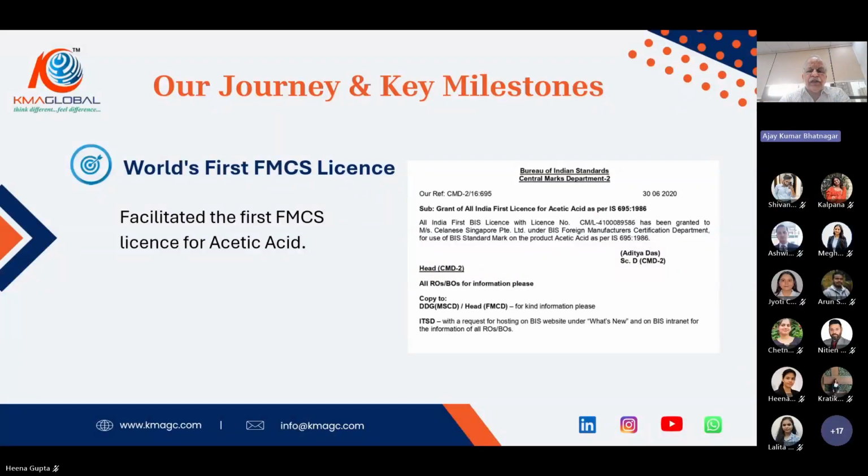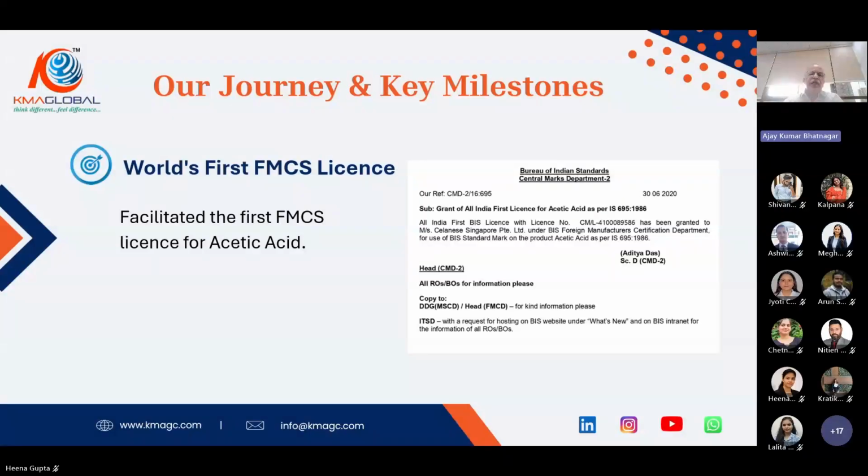The product was acetic acid, under IS 695, at that time 1986, and it has now been revised as 2020. This license was granted to Celanese, Singapore, and then they applied for their China unit as well as for the US unit. So the US license was also granted.